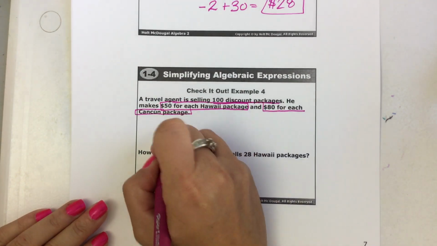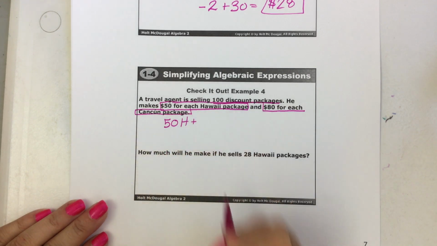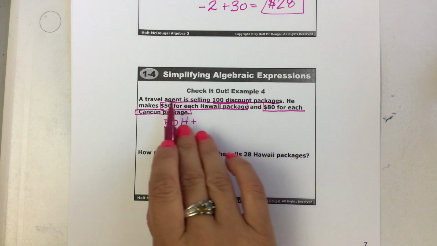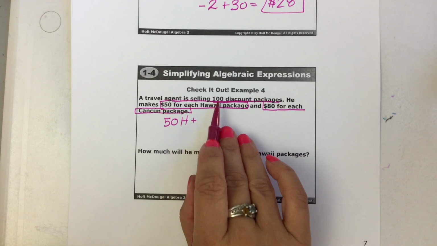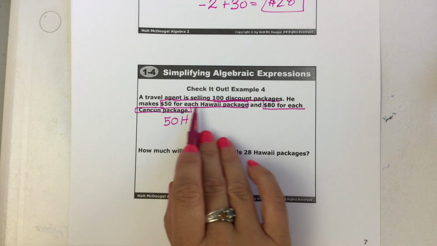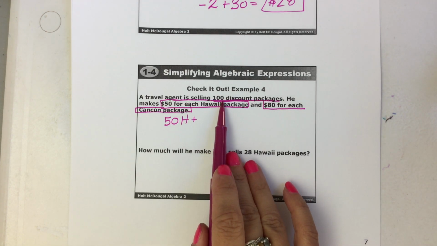Okay, so again, we have $50 per Hawaii package plus we can't say 80 Cancun because we have this limitation. If they just said he makes 50 for every Hawaii package and 80 for every Cancun package, you could do that. You go 50H plus 80C. But they said he only gets to sell 100.